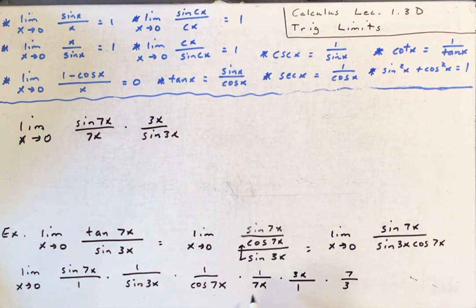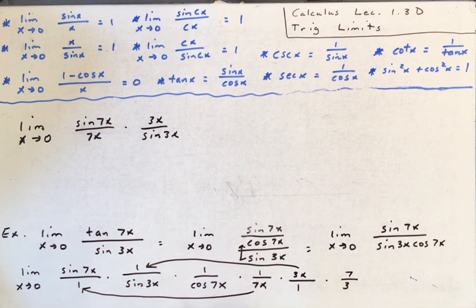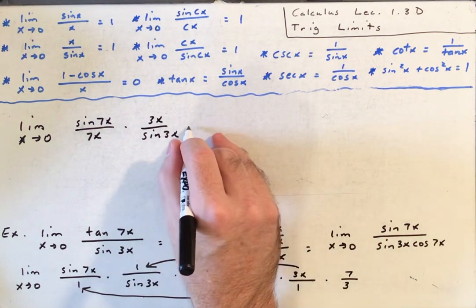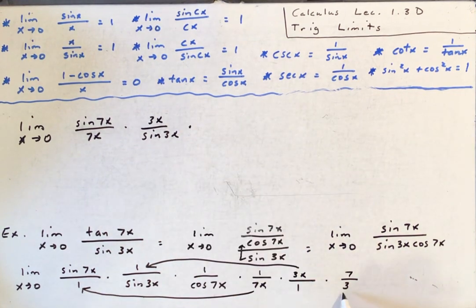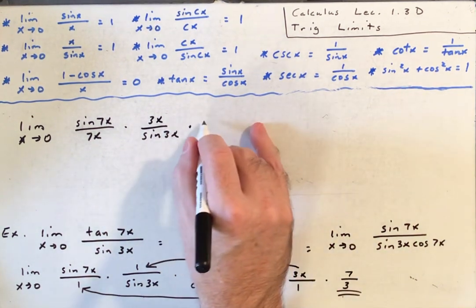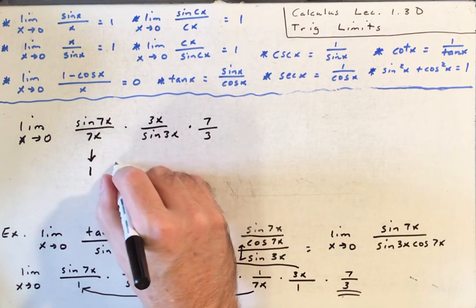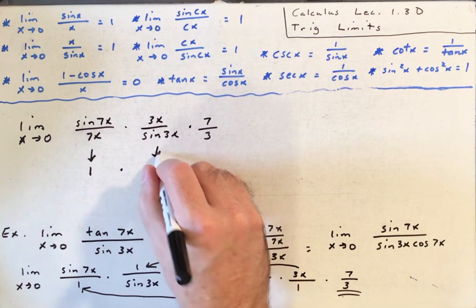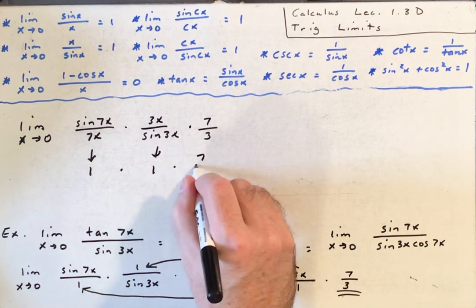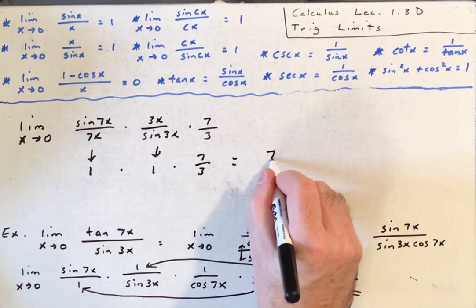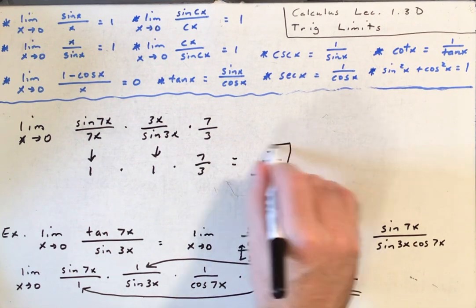All I did there was bring that 7x there and bring that 3x there. Now I've got to multiply by my last compensation, which is 7/3. So that's 1. That's 1. And that is 7/3. So the answer is 7/3.